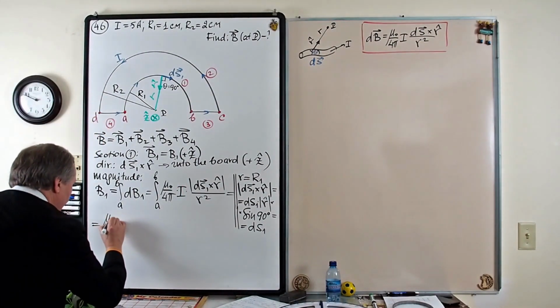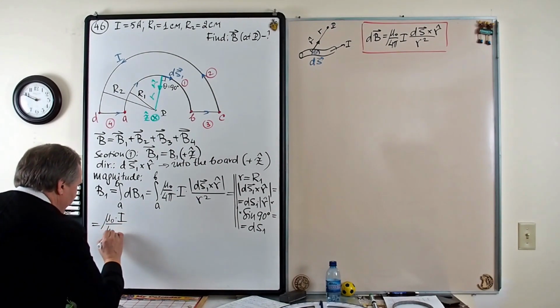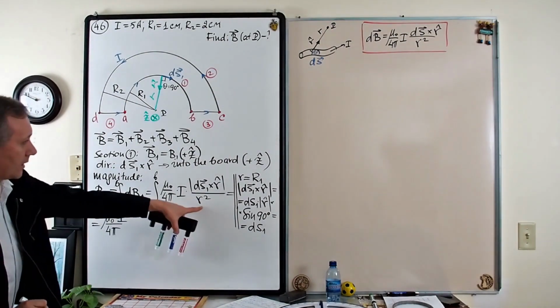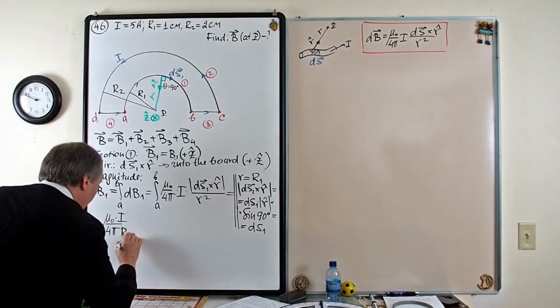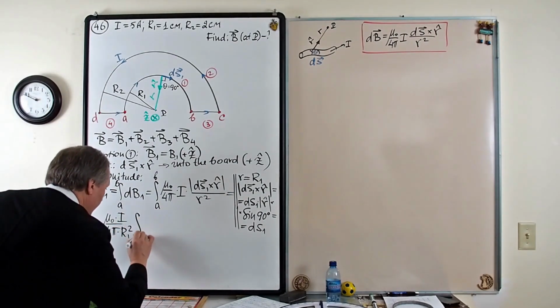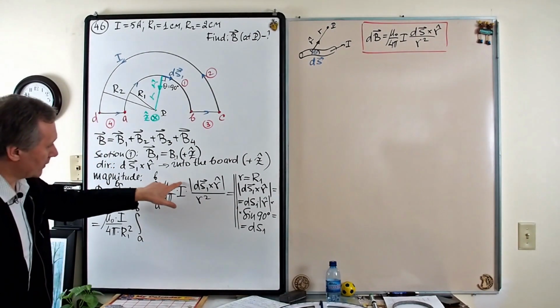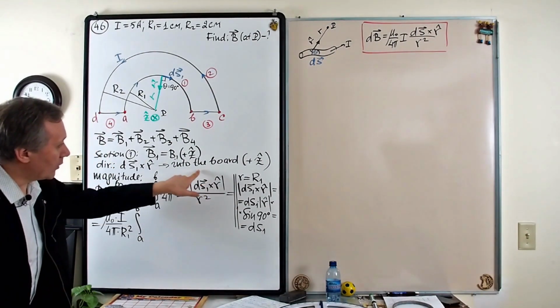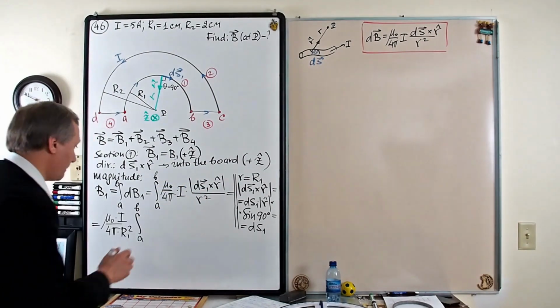So let me do this extraction: mu naught I divided by 4 pi, then R1 squared also goes outside, and the integral from A to B. Out of this absolute value, we have only ds1 left.